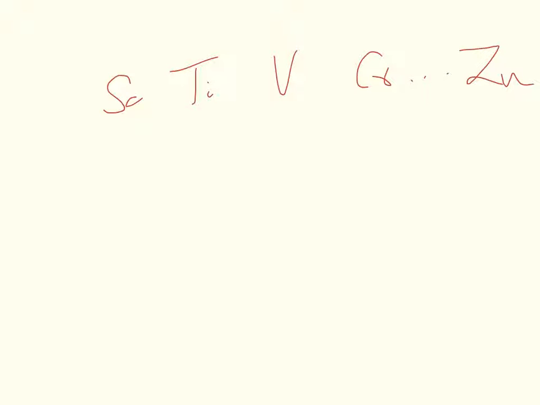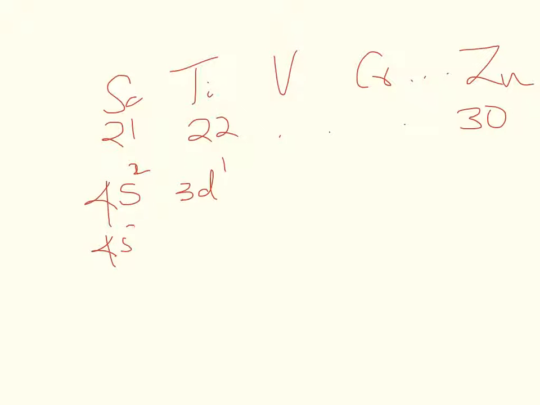Scandium is 21, and zinc is 30. Scandium's valence configuration is 4s2 3d1, titanium 4s2 3d2, vanadium 4s2 3d3.